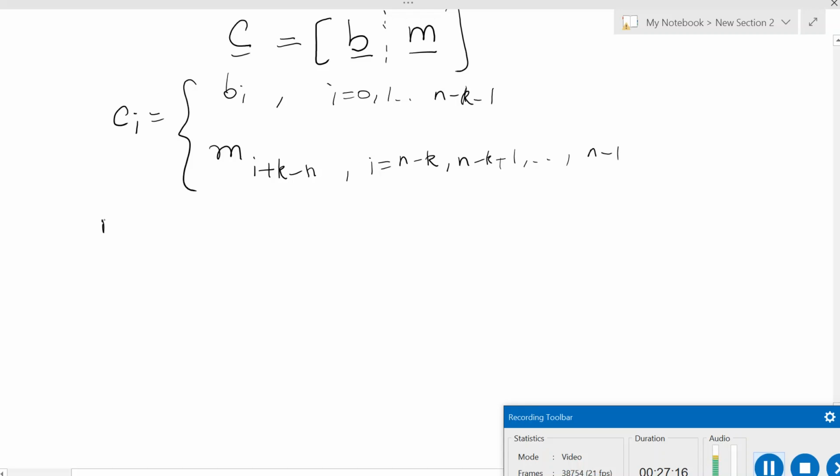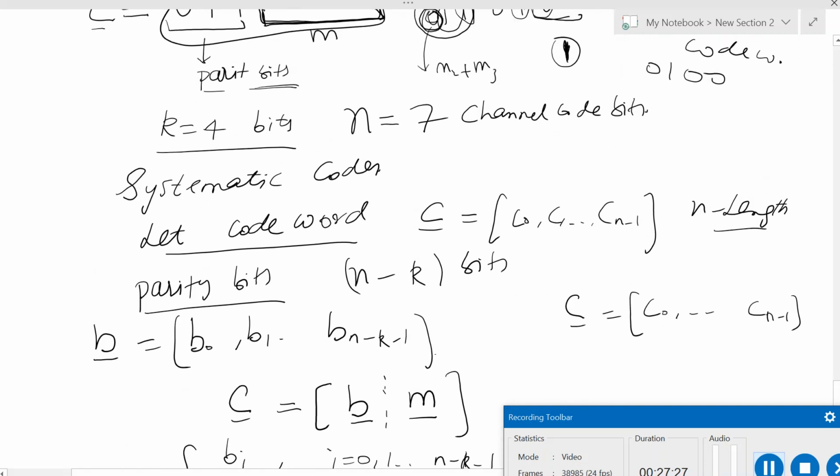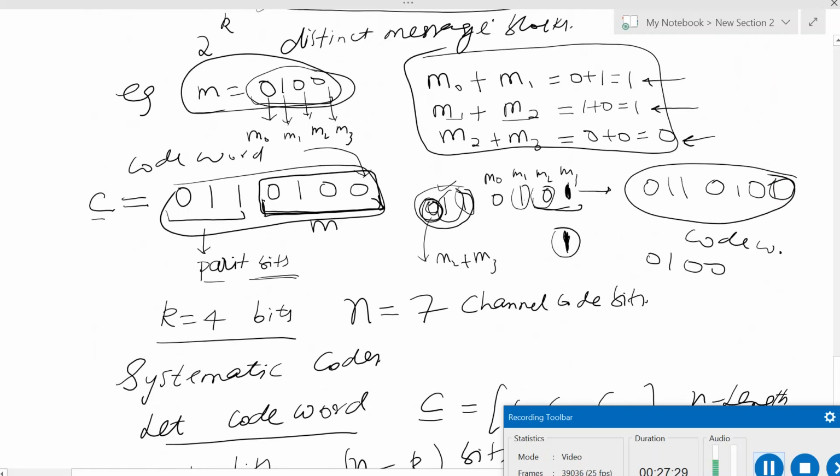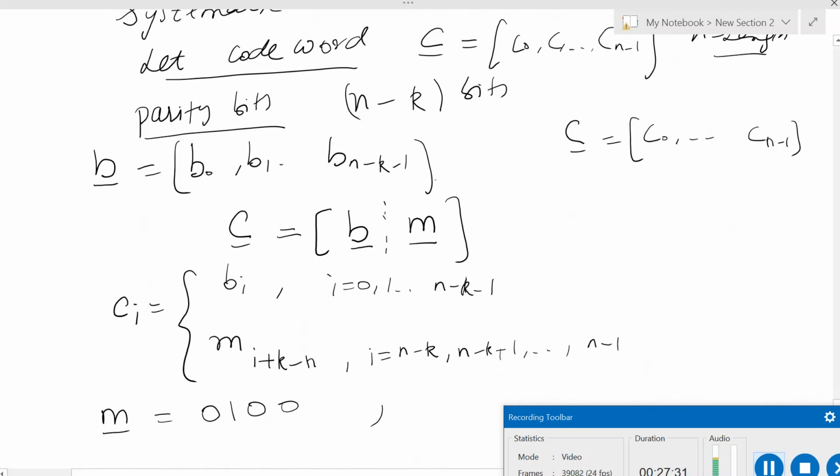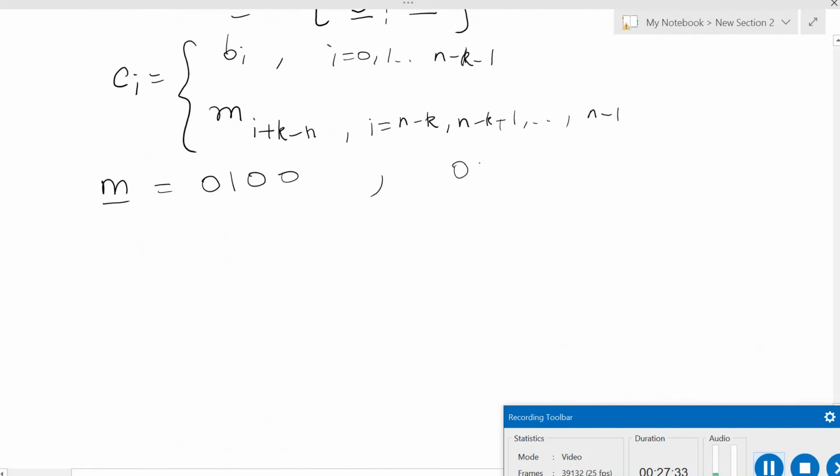Let's again take this, we had taken m is equal to 0, 1, 0, 0, right? And we got 3 parity bits as, if you see here, that is 0, 1, 1, right? How did we get those parity bits? Let's see it carefully.